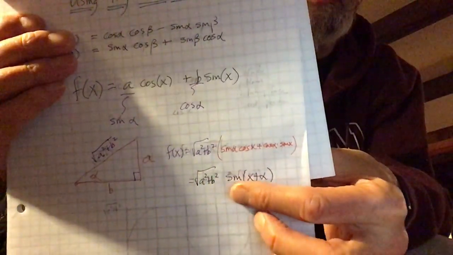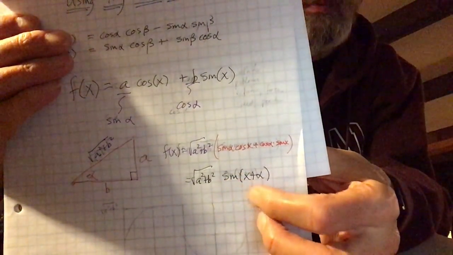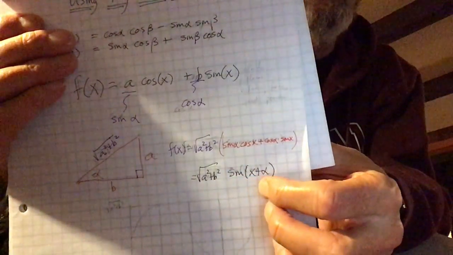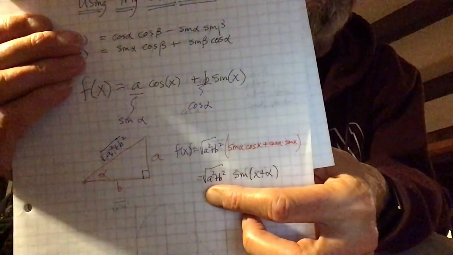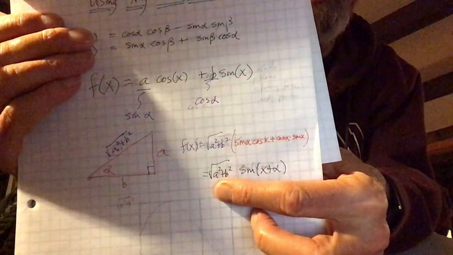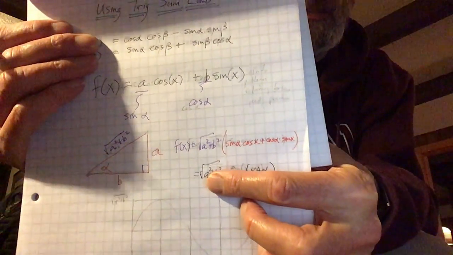First thing to note is that we have a translated sine curve, translated so that it starts at minus alpha, and we've changed the amplitude to that square root. And so that's going to tell us how to do the graph.